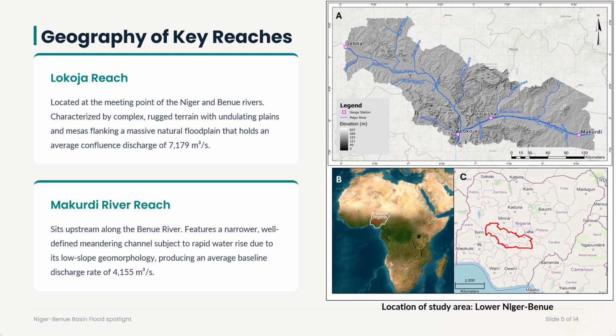The study area has, like I said, over 48,000 square kilometers, which the Niger-Benue Basin covers.